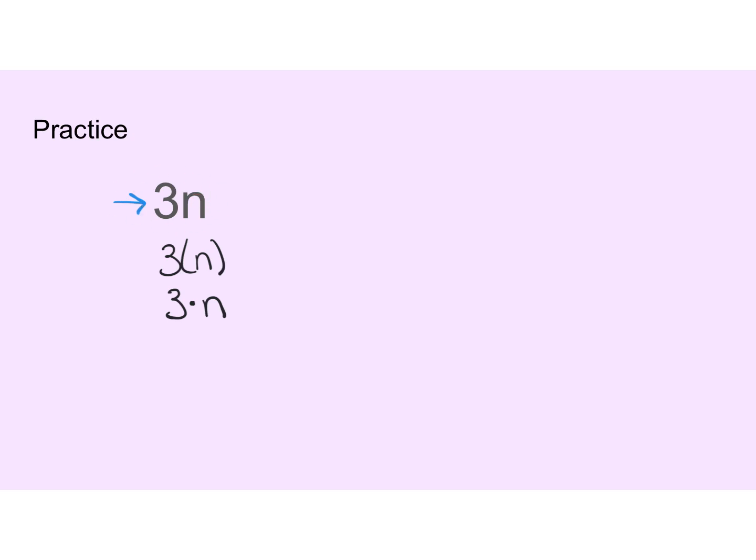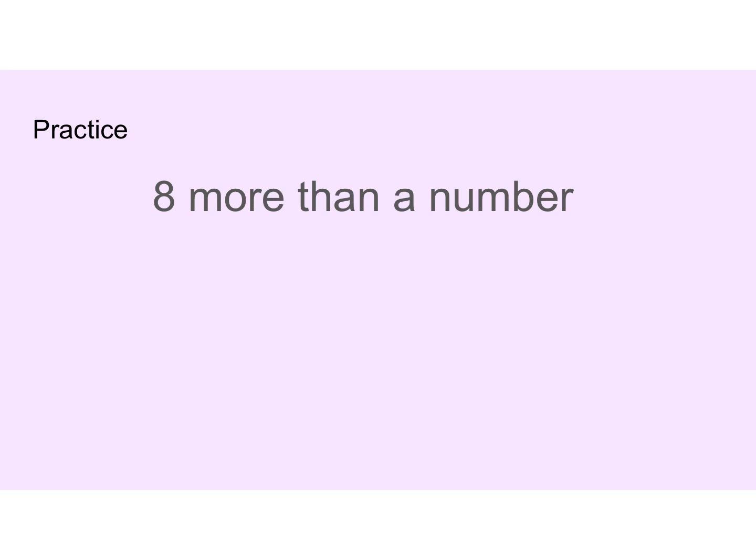All right, let's try another one. 8 more than a number. What would that look like? How would you write that? More than a number. Now, the word than is critical because in English, it forces mathematically to switch the order.